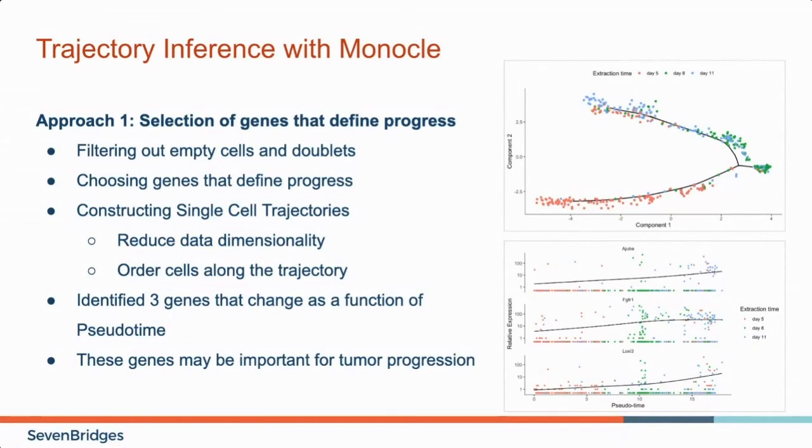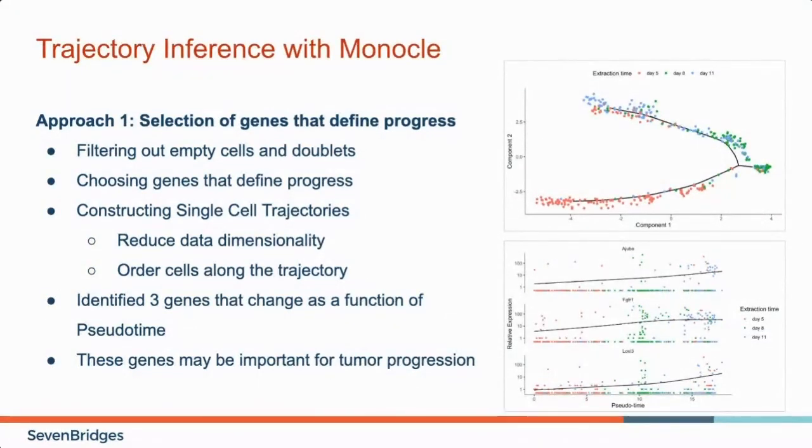Now that we calculated the trajectory, the additional step in the analysis could be identification of genes that change along this trajectory. On the bottom right plot, you can see 3 genes coding for transcriptional cofactors and changes in their activity over time.